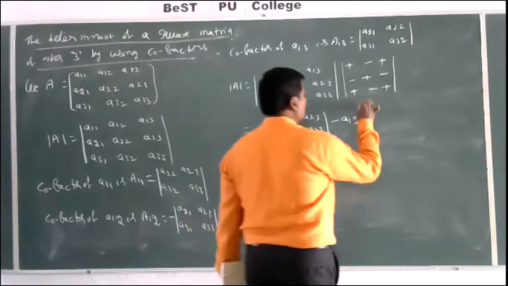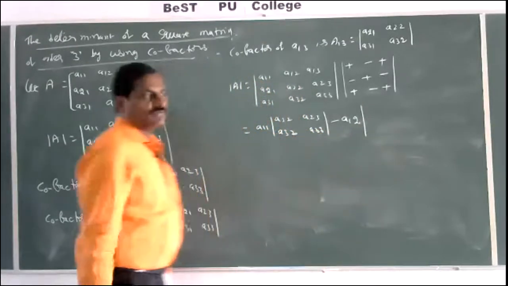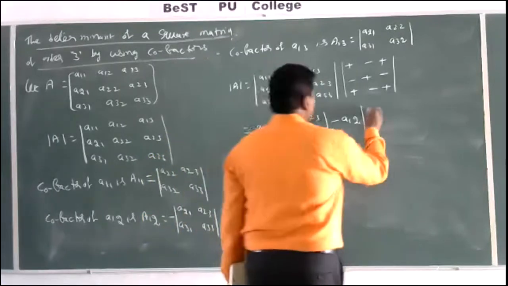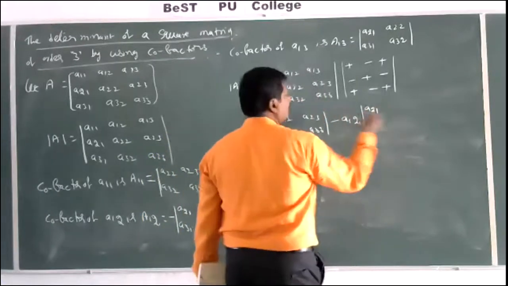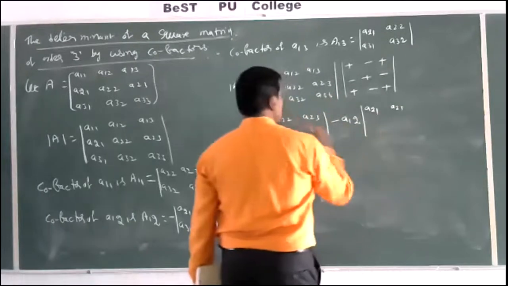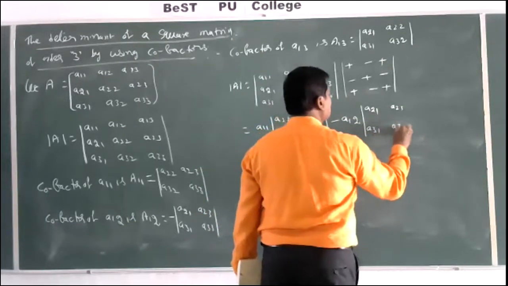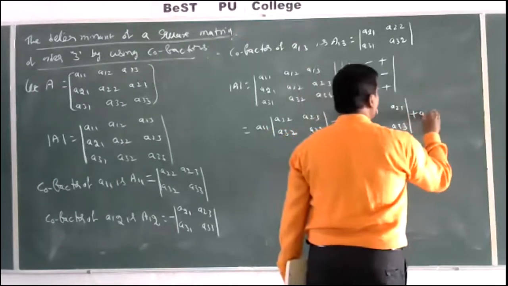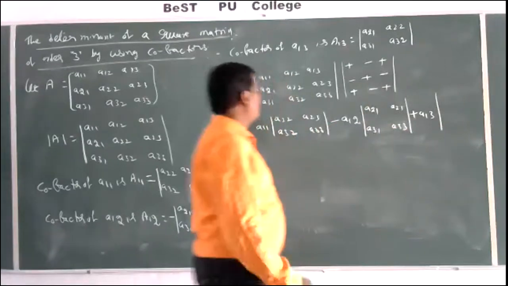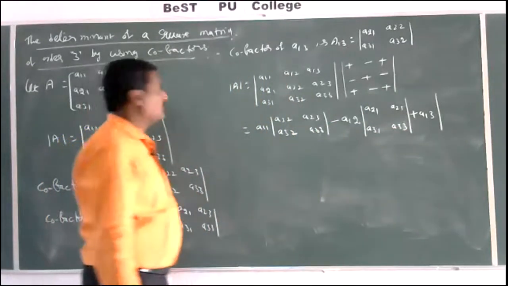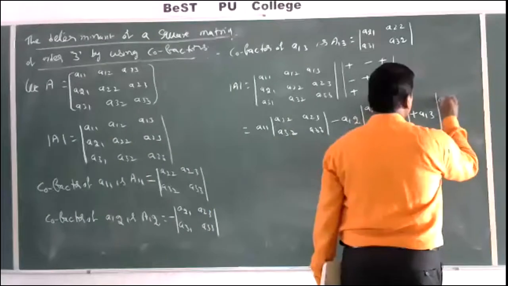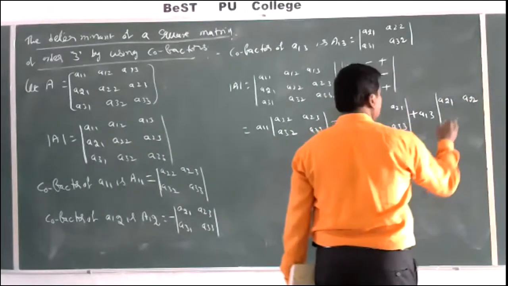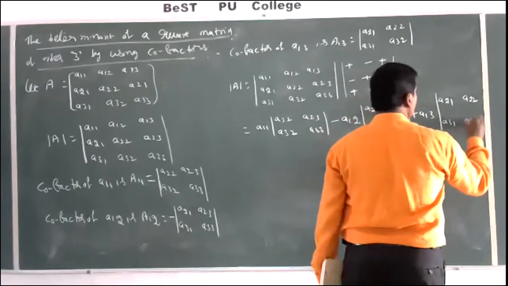A12, leave the first row and second column: A21, A23, A31, A33. Next A13, leave the first row and third column, and write down the determinant of the remaining elements. What are the remaining elements? A21, A22, A31, A32.